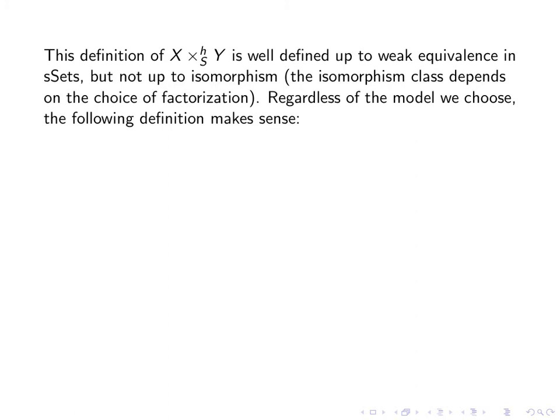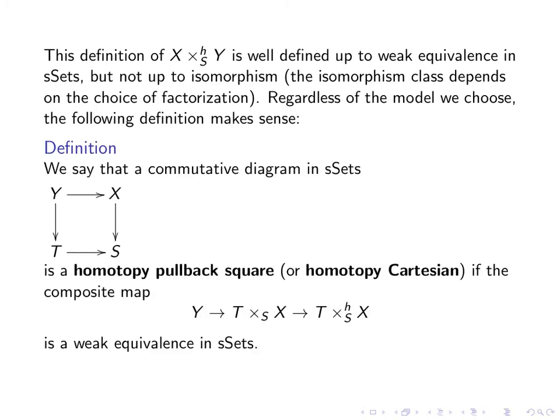Now, let's go back to homotopy pullbacks and recall that it's well defined up to weak equivalence, but not up to isomorphism. And in any case, regardless of the definition, the model we choose, the following definition makes sense.